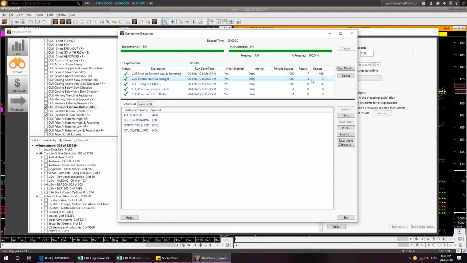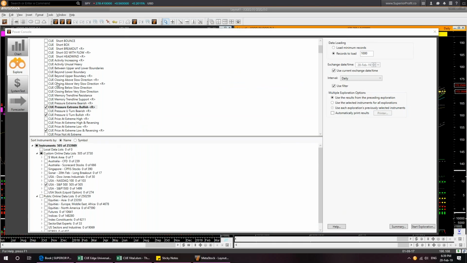We didn't find any stock that is not overbought and breaking out with bullish pressure or bullish U-turn. Then let us reduce the scans. Maybe the stocks are overbought. Maybe you, unlike me, are interested in taking breakouts even if the stocks are overbought.